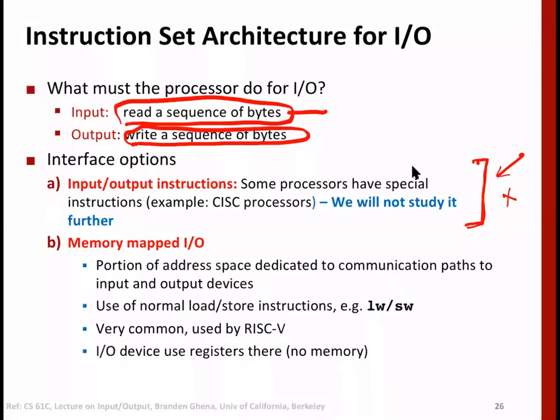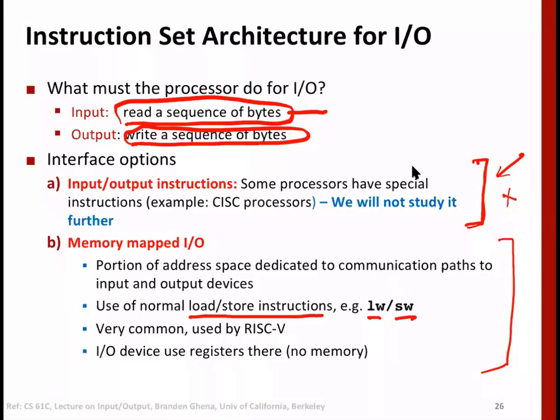Now let's focus on the second type, which most computers use today. We will not have any special instruction, but we'll use the commonly used load and store instructions, like load word, store word, load byte, store byte, to read from and write to a memory location.